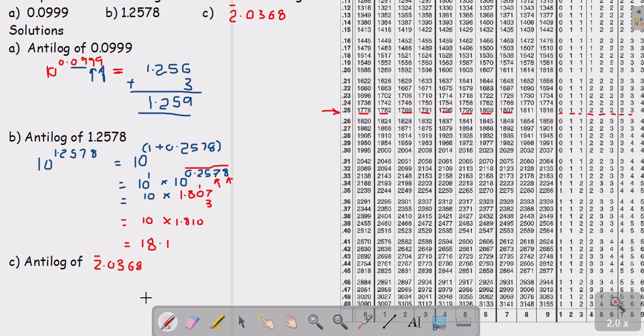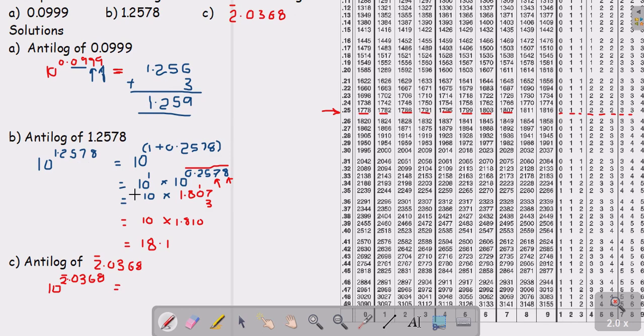Okay, so still here we write it clearly, that is 10 to power, we have the power is 2 bar point 0368.